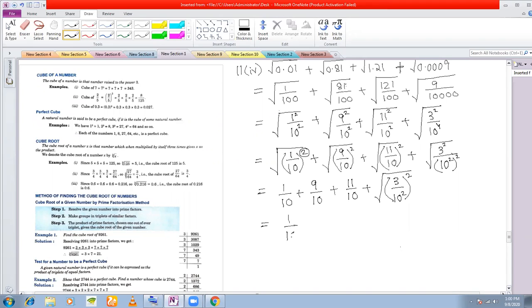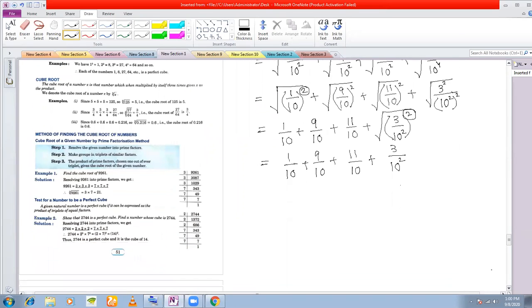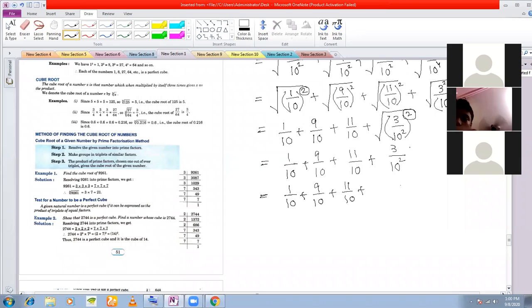So this becomes 1 by 10 plus 9 by 10 plus 11 by 10 plus, because of this square, I'll be able to remove the square, I get 3 by 10 square, which is 3 by 100.